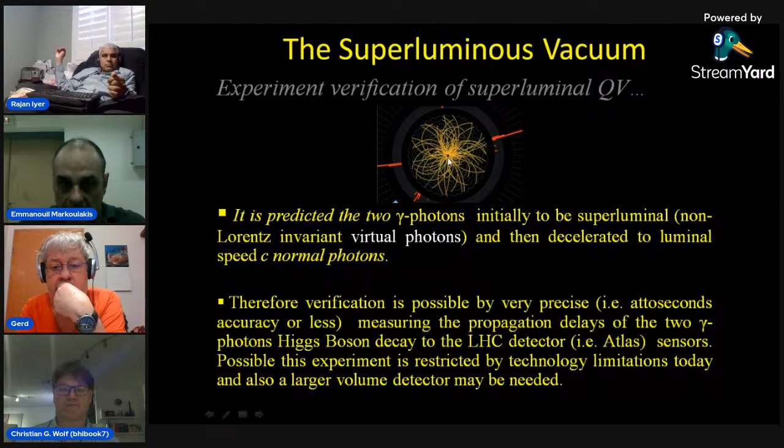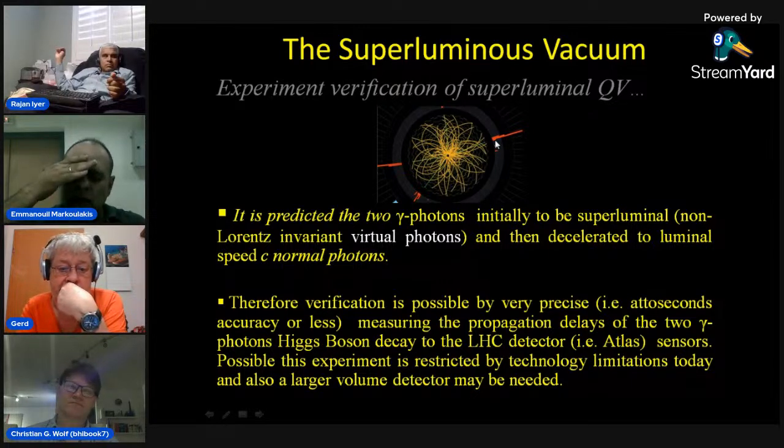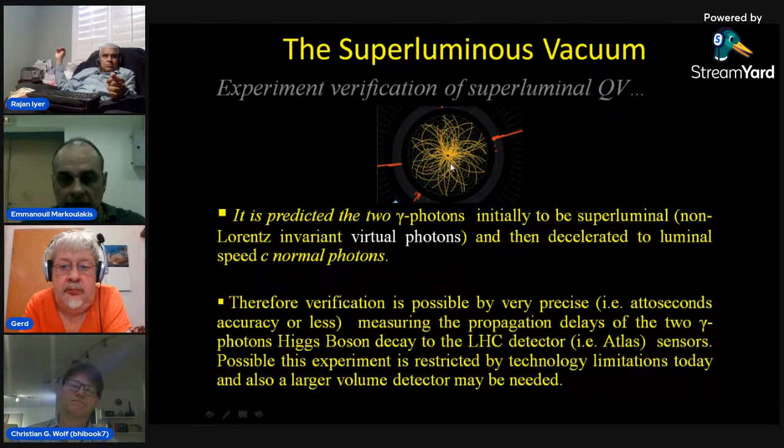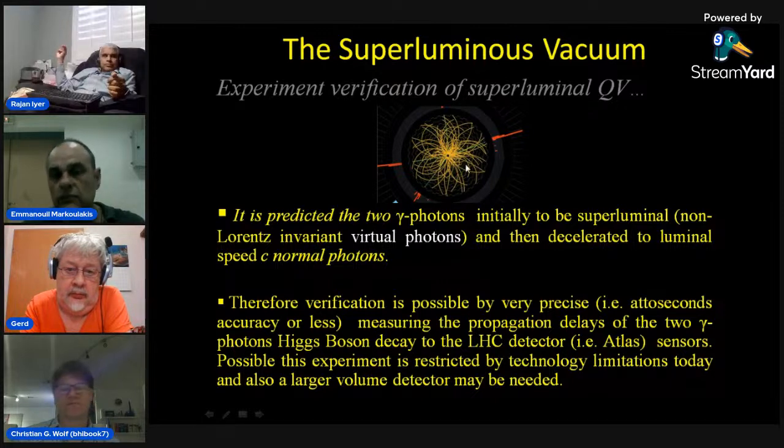So the time they take from the impact point to travel to the sensors, which I believe were calorimeters, measuring the heat signature of the two photons. If this time varies even slightly from the predicted value, then this can be used as evidence of superluminal energy.